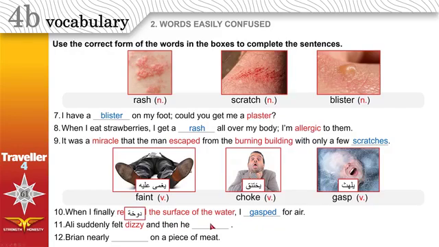And then he fainted. Brian nearly choked, past, choked on a piece of meat. He was eating meat and a small part was stuck down his throat and he couldn't breathe. He was choking at that moment.